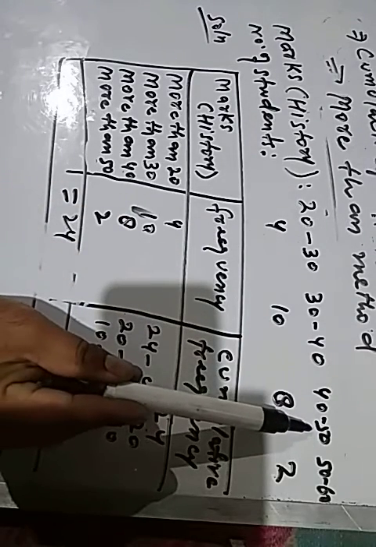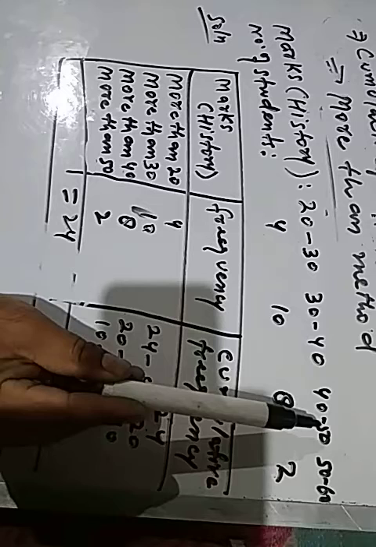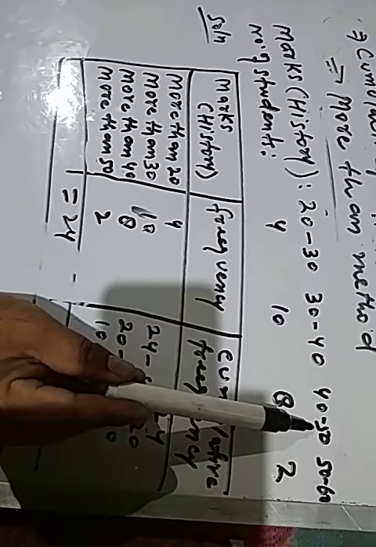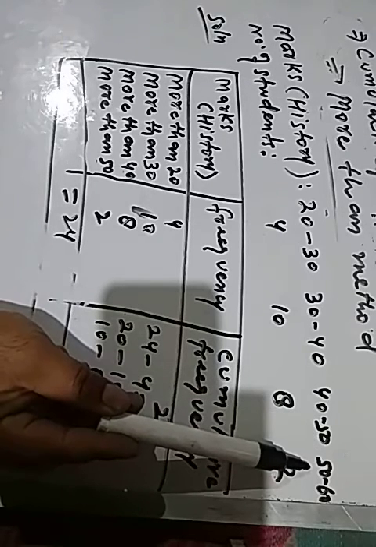And the same logic is for more than 50, in which there are only 2 students, because all these students, 10, 8 and 4, their marks are less than 50, and there are only 2 students whose marks are more than 50.